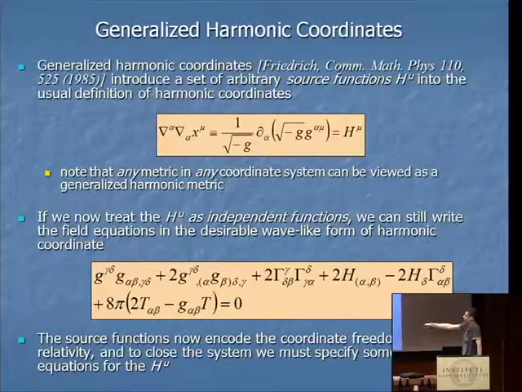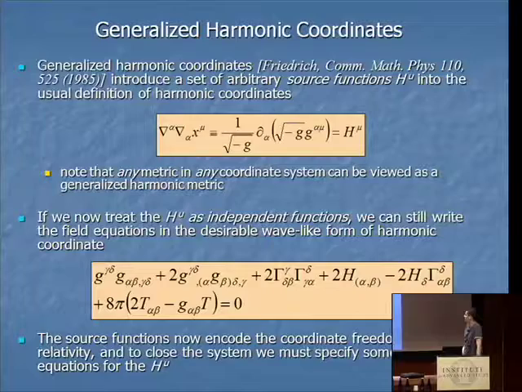The second derivative terms are just this wave operator. And at this stage, you consider these to be independent functions. In other words, you forget that they really should satisfy this relationship if you were going to have a solution to the field equations, and you treat them as independent functions. So if you want to solve the system of equations, you now have to specify additional evolution equations for these source functions.